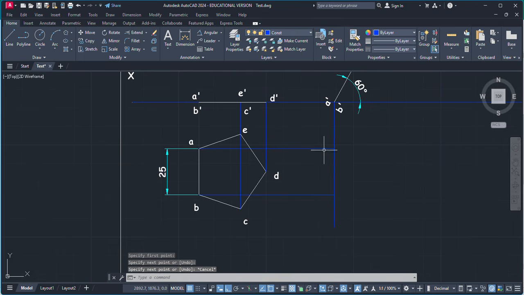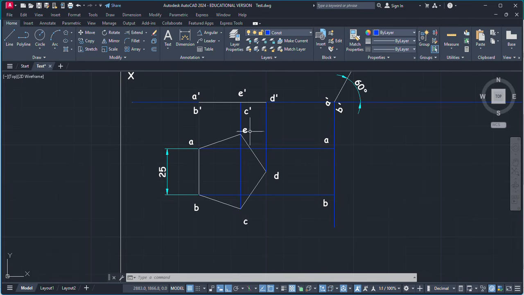So this point of intersection is A, and this point of intersection is B. Thus, in this point we have A dash, B dash, and here we have A. The point of intersection gives A, and this B dash line and B line gives us B.